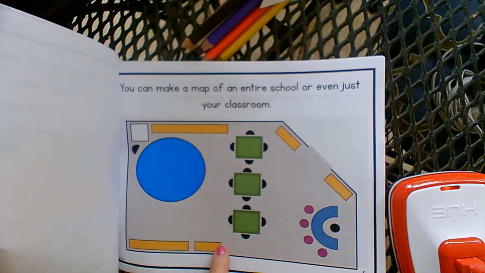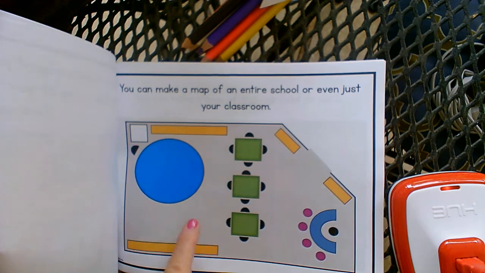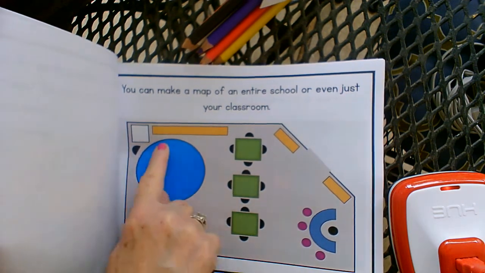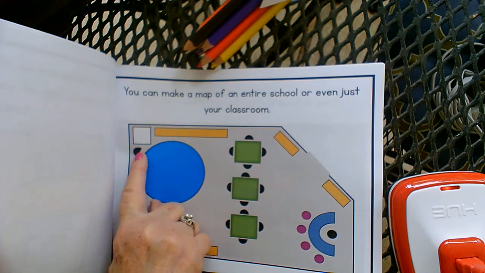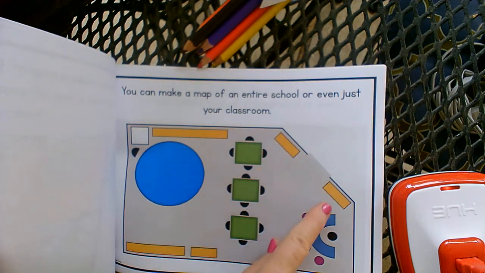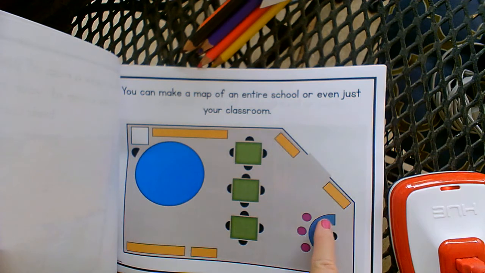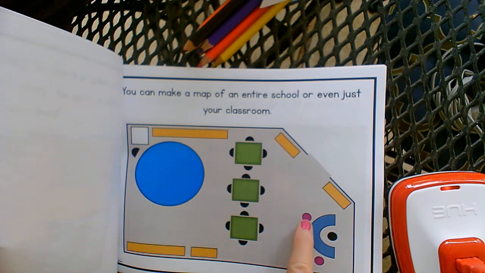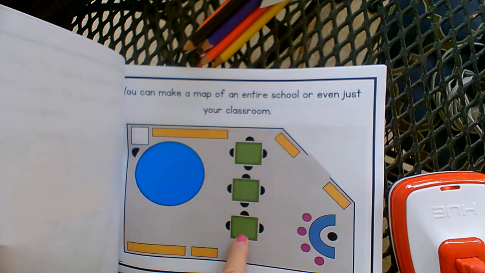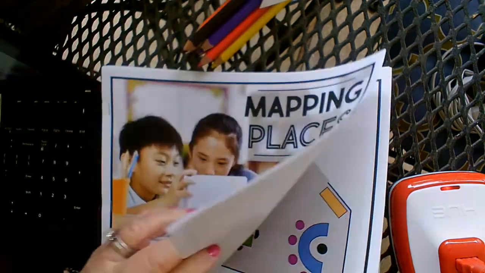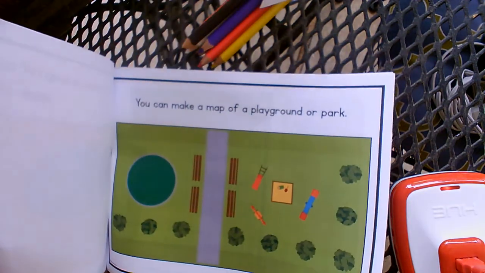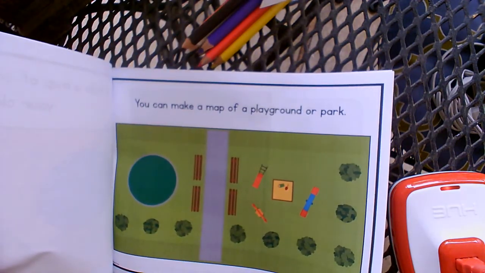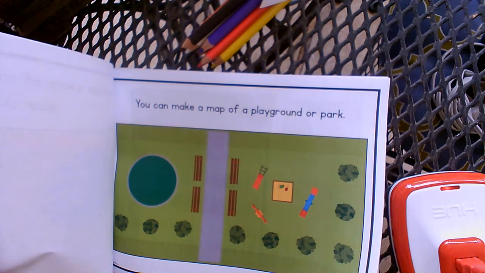So you can see this is somebody's classroom: bookshelves, maybe the rug, the teacher's chair, more bookshelves. Maybe this is where she teaches, sits with the children and reads with them on those chairs or stools. And these look like the student desks and chairs. You can make a map of a playground or a park.